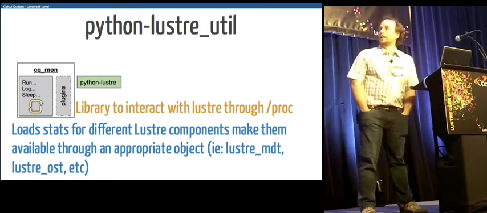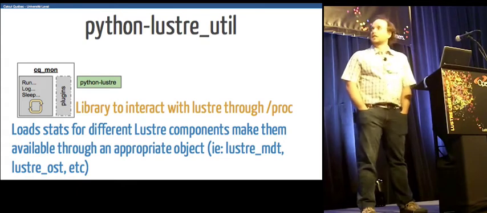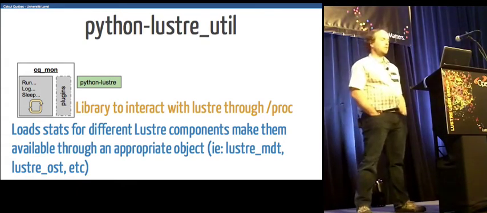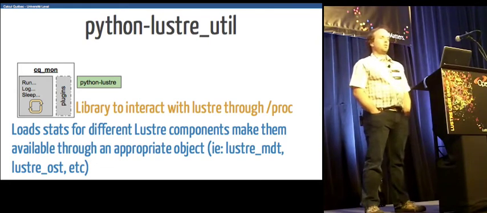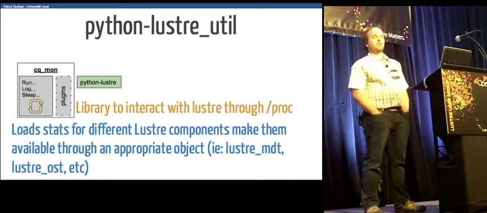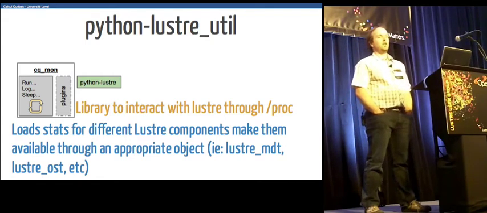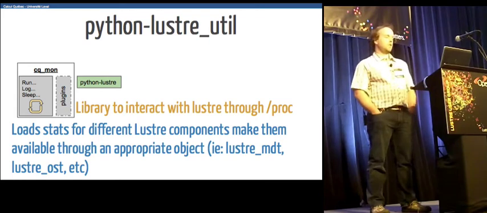In the case of Lustre, for example, on an OSS server, we have the CQMon Lustre OSS test, or plugin, that is loaded, which will instantiate through the Lustre Utils library Lustre OSS objects, which are used to read the different /proc stats for OSS servers and OST servers and load them into the appropriate object, which are then made available to CQMon to just print out as key values to syslog.